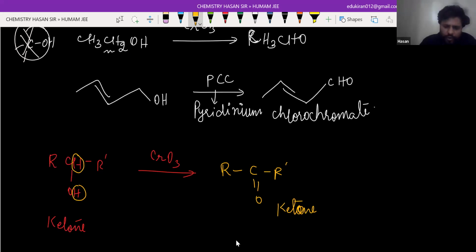After this, we can use copper at a very high temperature, like 300 degrees centigrade. Primary alcohol will always give you aldehyde after oxidation. Secondary alcohol will give you ketone, and tertiary alcohol will not give you any ketone or aldehyde. There will be formation of alkene. It will undergo dehydration.